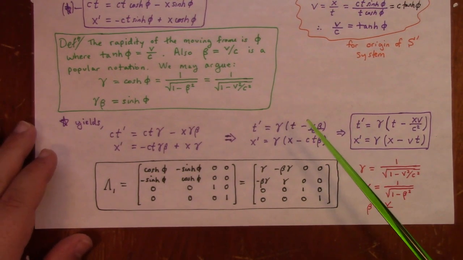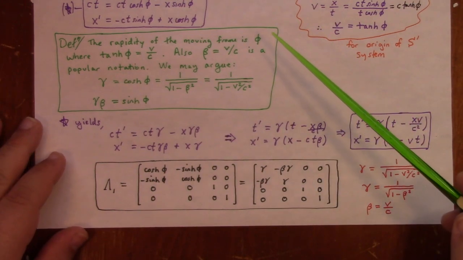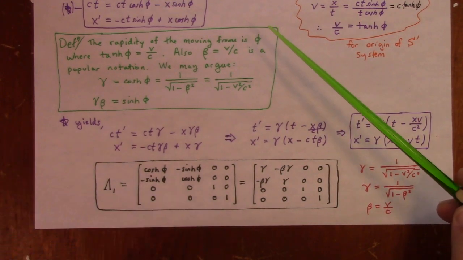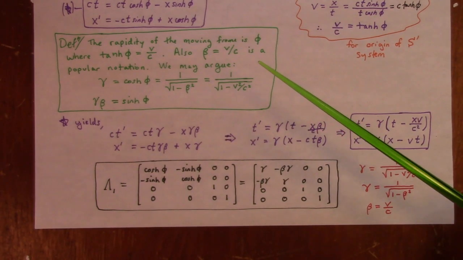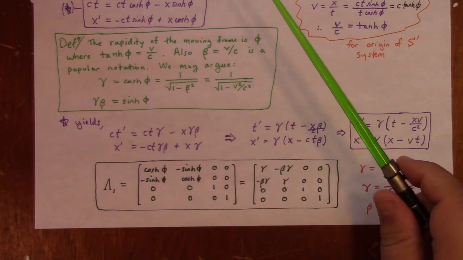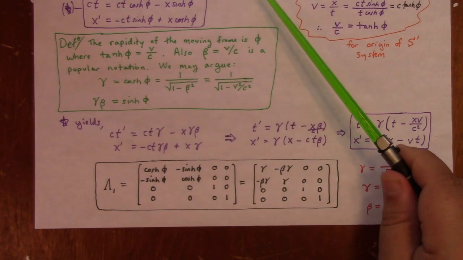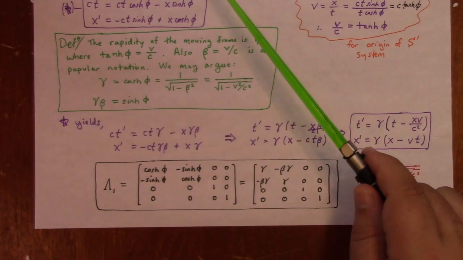So if you were to define the rapidity of a moving frame, and then suppose you define the rapidity of a moving particle in that moving frame, and then you ask, what's the rapidity of that moving particle relative to an unmoving frame?